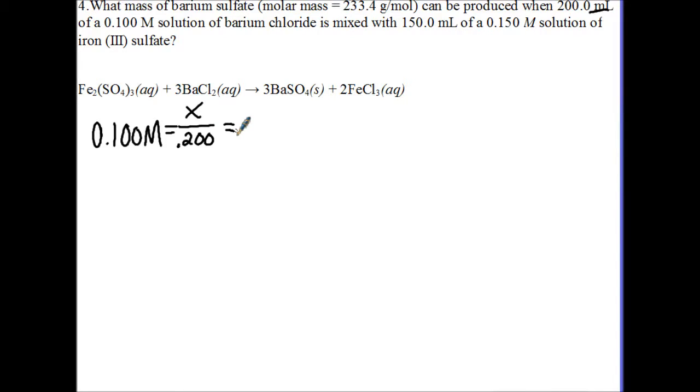And then we're going to have a 0.15 molar solution, X over 0.150.